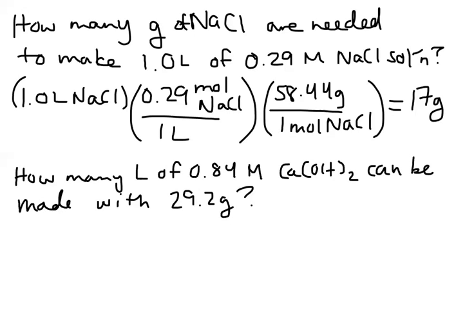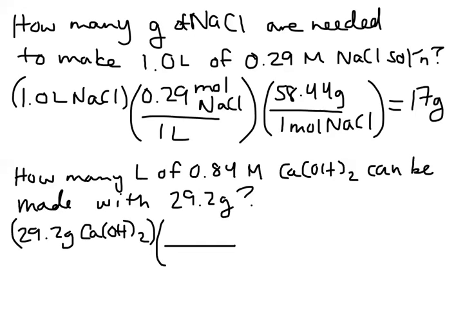All right. So basically, you went back in the opposite direction. You start with grams, and you're going to go back to liters. What's my molar mass for Ca(OH)2? 74 point something per 1 mole of Ca(OH)2.